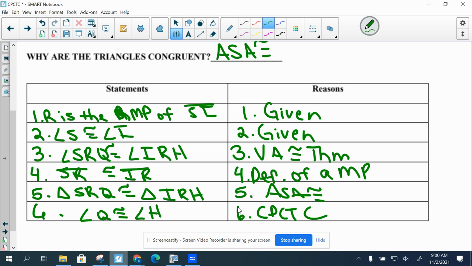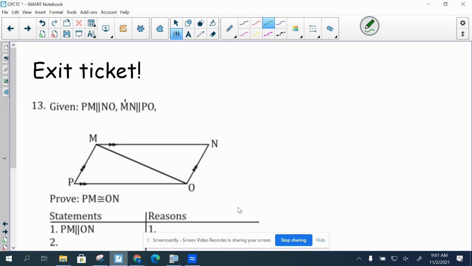But there is an even easier way of doing that. How about the third angles theorem? You're trying to prove that the third angle is congruent, so you could have skipped steps 4 and 5 here. They wanted us to use these things.